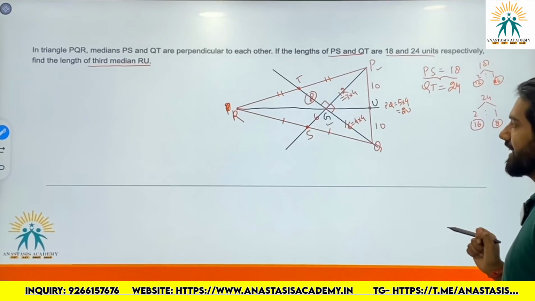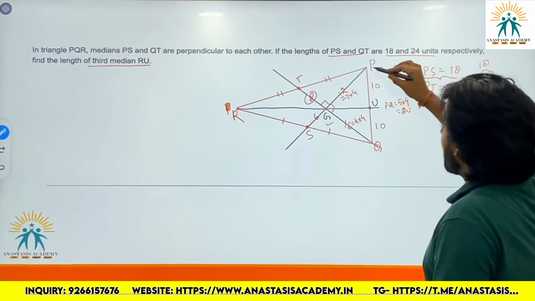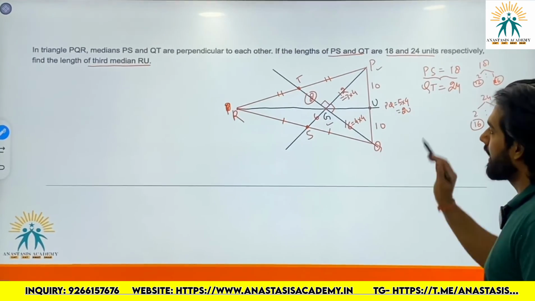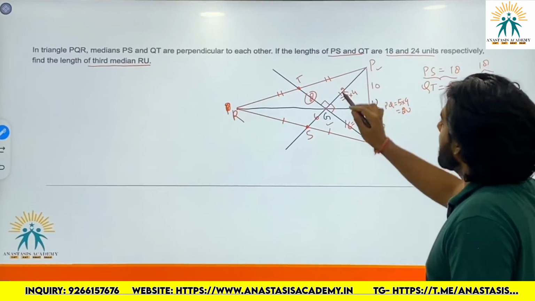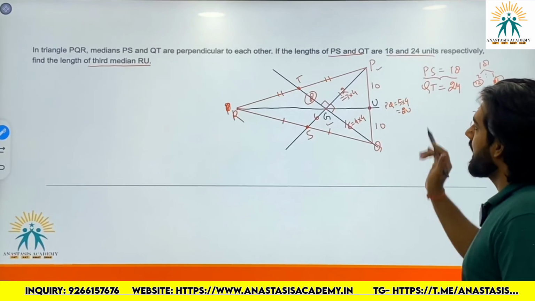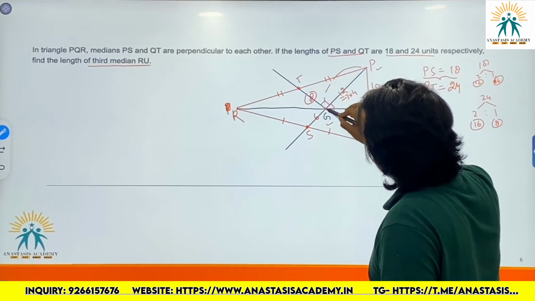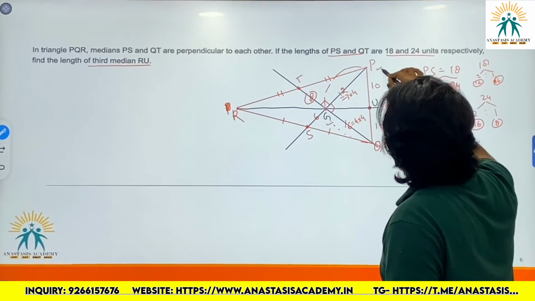Now one important thing, the smart approach to solve this question: when I know the length of this side PQ, try making a circle with U at its center. If I draw a circle with U as center, this circle will pass through this point G. Why?